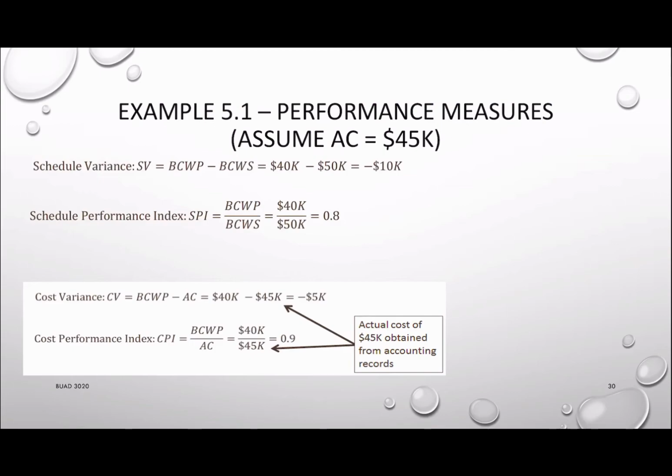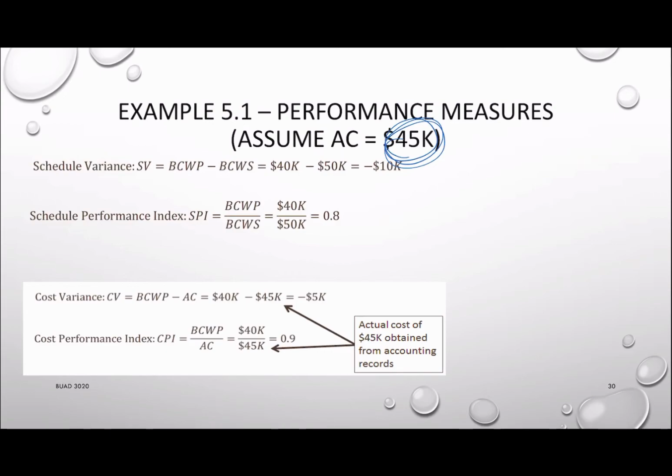Okay? We can also calculate the CPI, and in order to calculate CPI, we want to use BCWP divided by AC. Usually AC will be given in the problem description. In this case, it will be 45K.